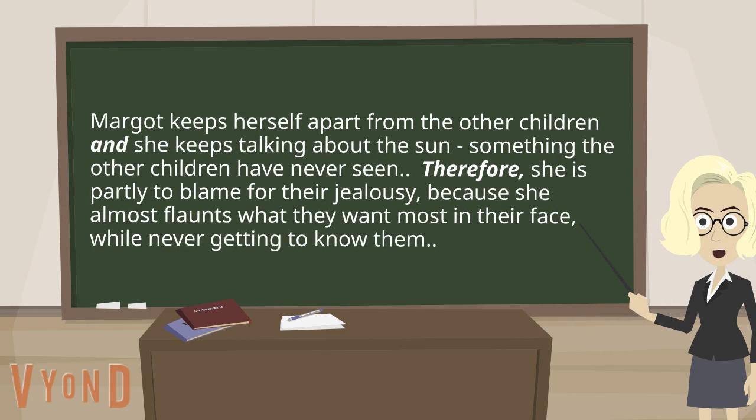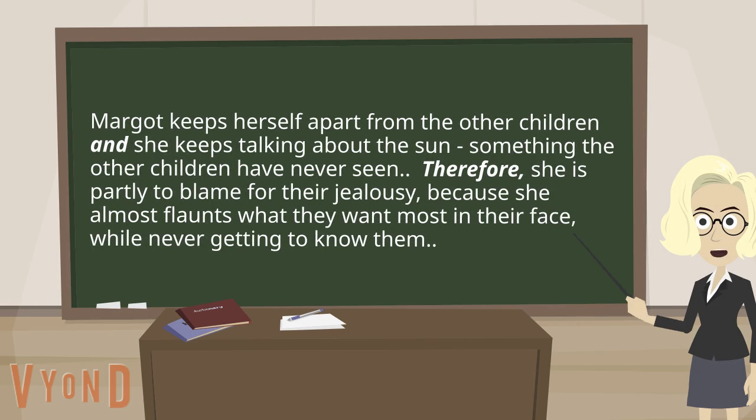So now I could write, Margot keeps herself apart from the other children, and she keeps talking about the sun, something the other children have never seen. Therefore, she is partly to blame for their jealousy, because she almost flaunts what they want most in their face, while never getting to know them. What do you think about that sentence?